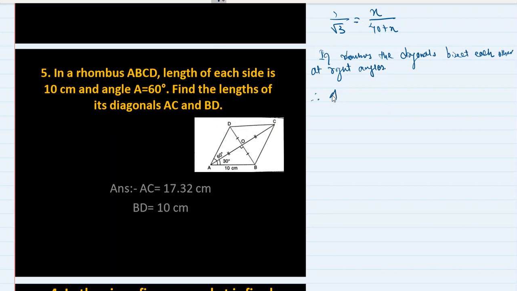Therefore, AC is perpendicular to BD, that is angle AOB is 90 degree. Also, AO is equal to OC and BO is equal to OD. So in a rhombus, the diagonals bisect each other at right angles.